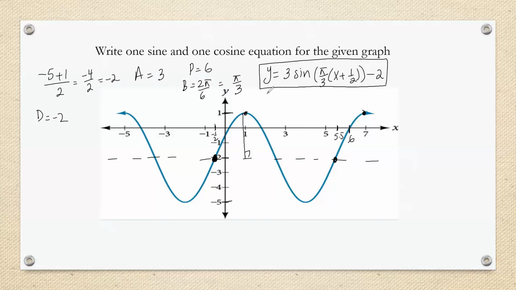And for my cosine equation, I could start from 1, that's the maximum at 1: 3 cosine of pi over 3 in the parentheses x minus 1, I'm writing before thinking, minus 2. And I could also have other variations of this depending on where I'm starting, okay?